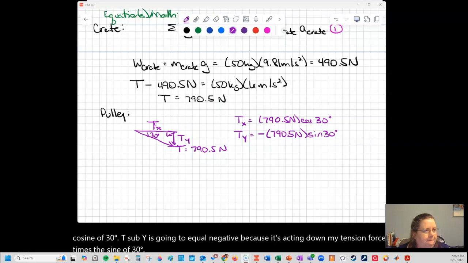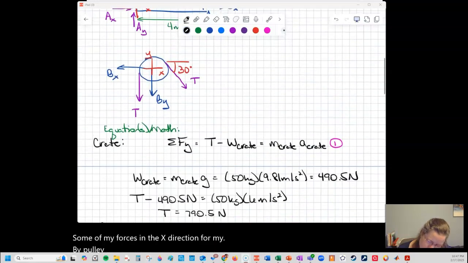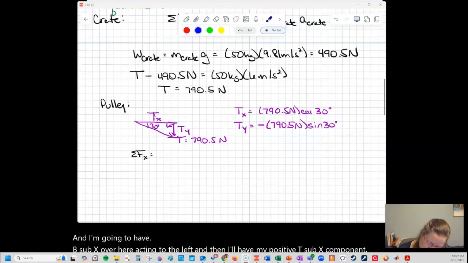Sum my forces in the X direction for my pulley system. And I'm going to have B sub X over here acting to the left, and then I'll have my positive T sub X component.